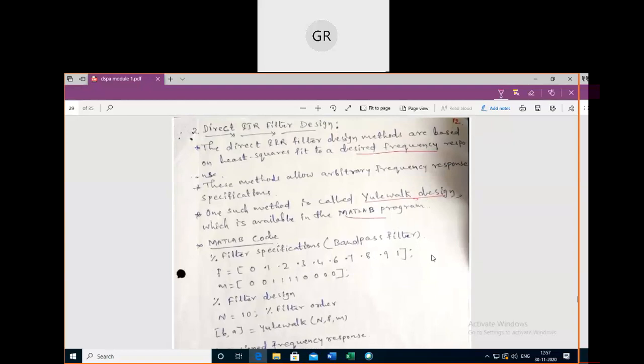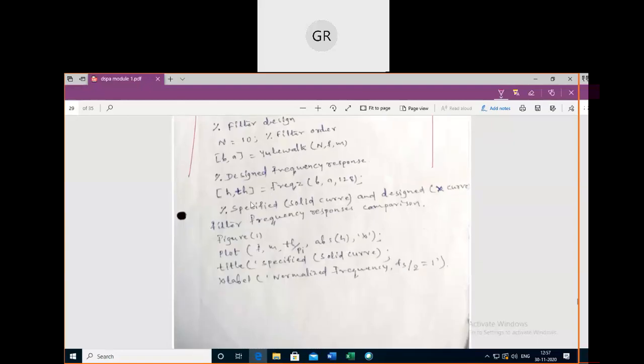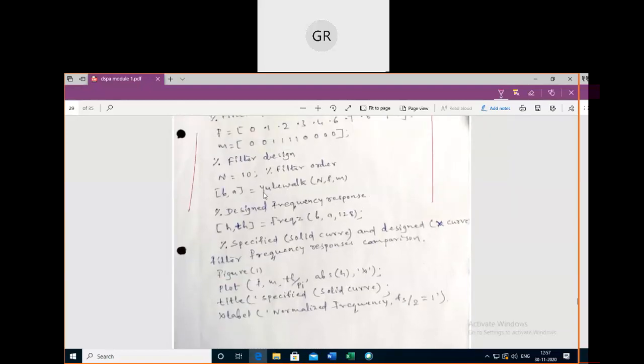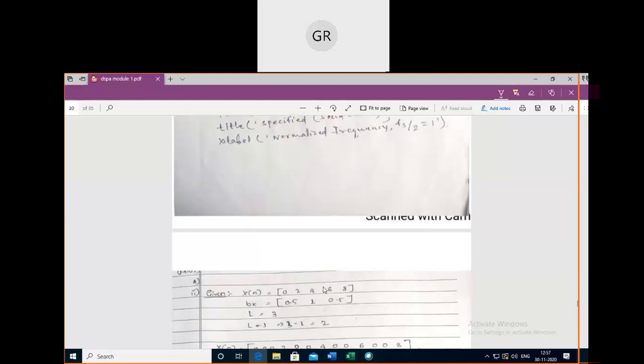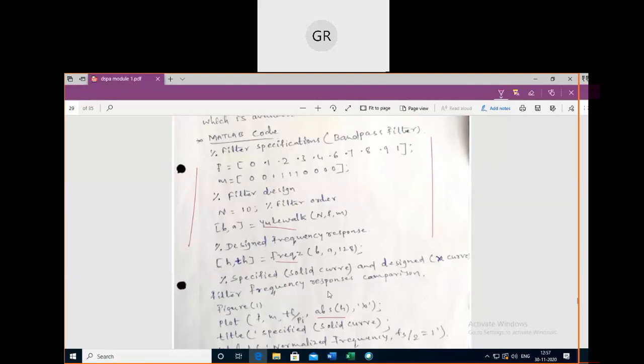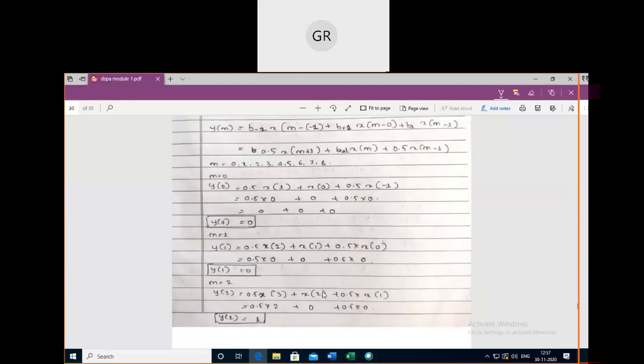Please practice this program. Just go to the command here, then for frequency, and the remaining for the absolute plots. Please go through this and practice this MATLAB program.